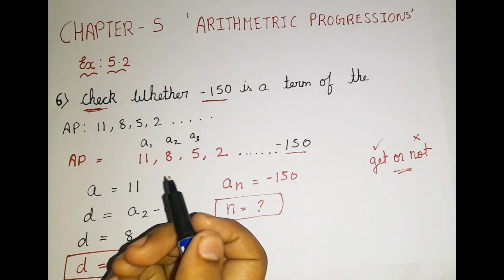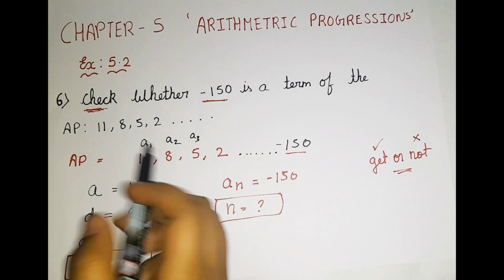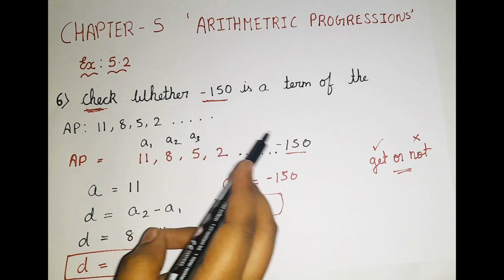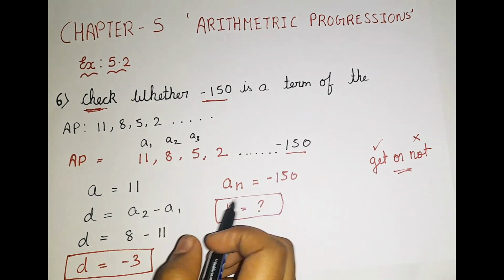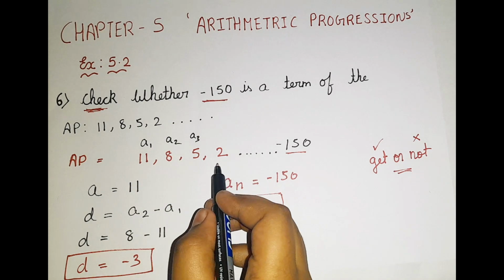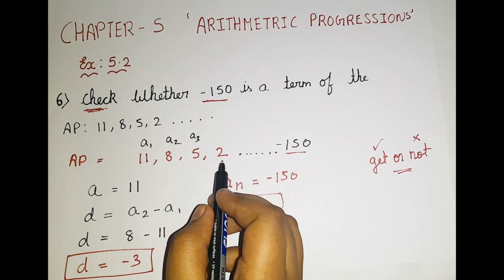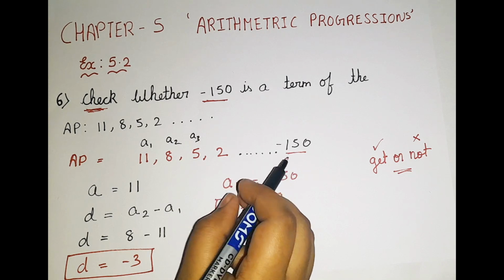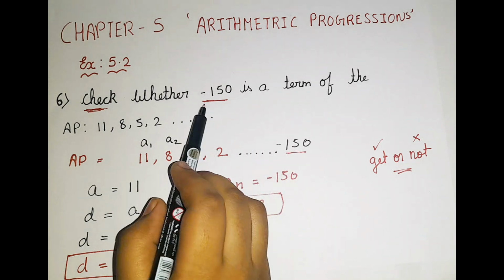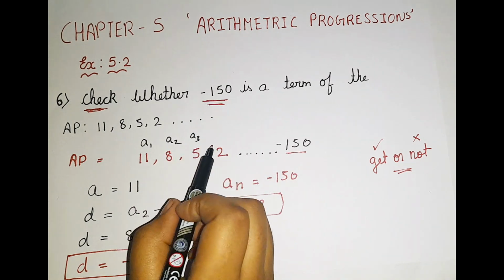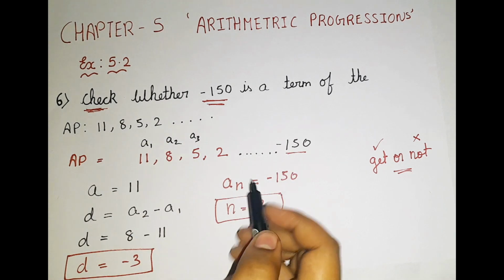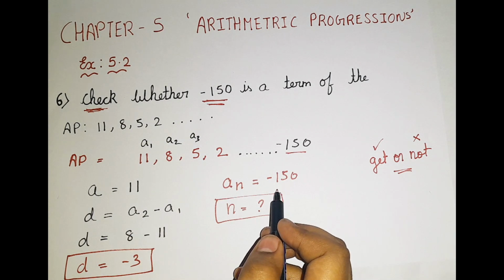If you don't understand, just write the AP as it is, and take the number mentioned in the question, write it in the last place, and take it as AN. After 11, 8, 5, 2, I put so on, and after that I don't have any number, but in the question they mentioned minus 150, which we are supposed to check. So I simply took it as AN, then only we will be able to find it.